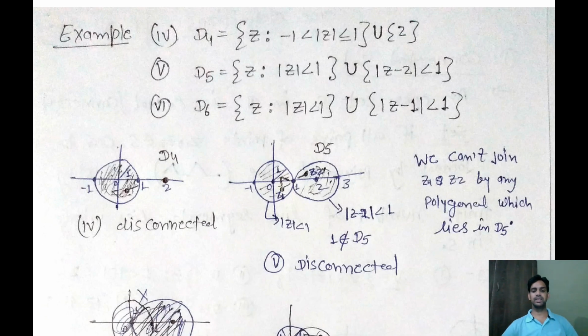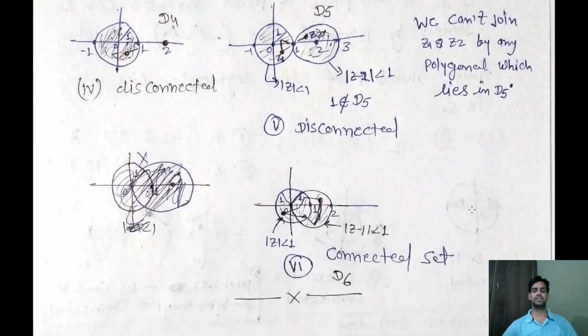Also if we join by any polygon line this way and this way, then this polygon line also goes through that point. But that point does not lie inside the set. Hence this polygon line does not lie inside the set D5. So it is not a connected set, it's a disconnected set.